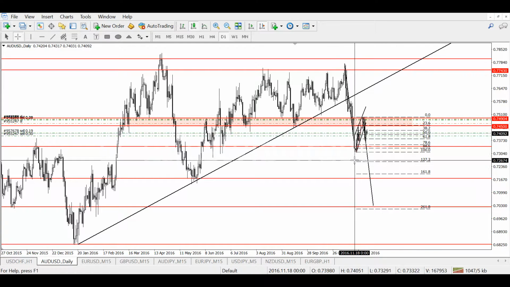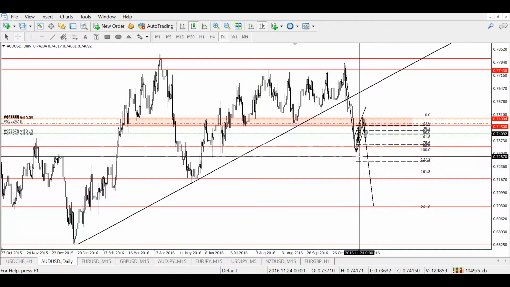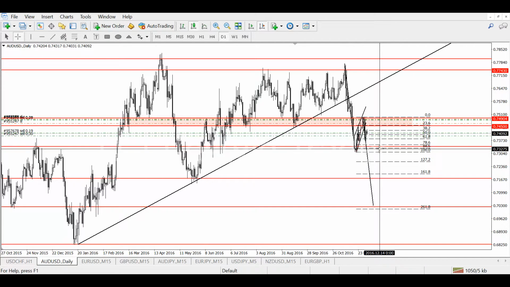And based on the duration taken, the angle of the depreciation, and the volume, we should be seeing the price go down by today, hopefully by tonight, which may mostly be caused by NFP. Now tonight we have NFP, and this is just an assumption.